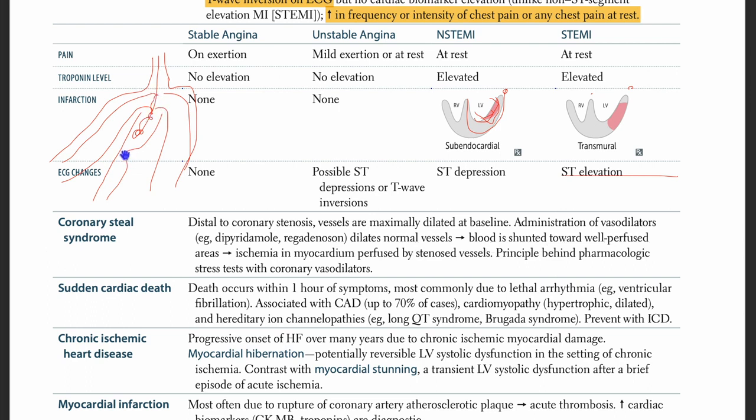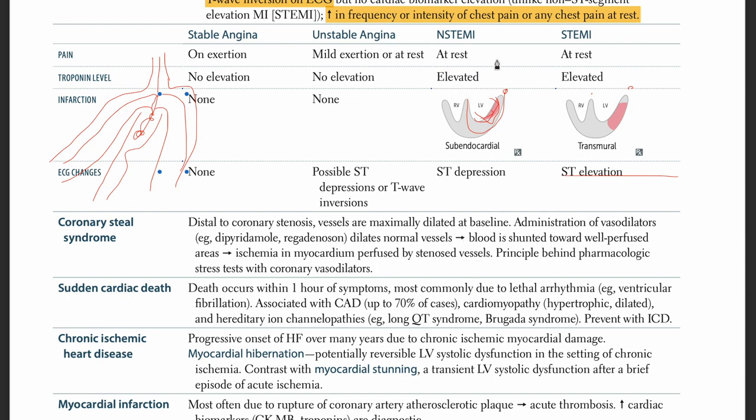So even though there's stenosis here, there is also a decrease in resistance in these other vessels. And there's still going to be some amount of resistance here. So blood is going to take the path of least resistance and go through this or this instead of going through here. Okay? So blood is shunted towards well perfused areas, causing ischemia in the myocardium perfused by stenosed vessels.